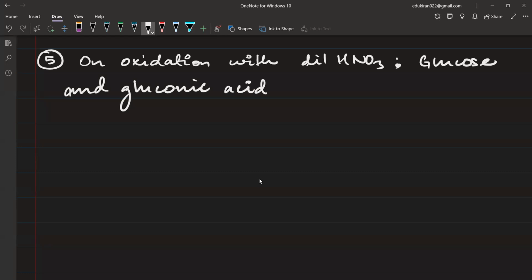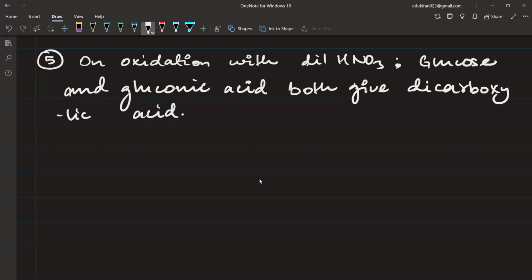Glucose and gluconic acid both give dicarboxylic acid. Both give dicarboxylic acid. That means, what does it mean? Dilute HNO3 के पास ना, it can oxidize both the aldehyde group and the primary alcohol to carboxylic acid.